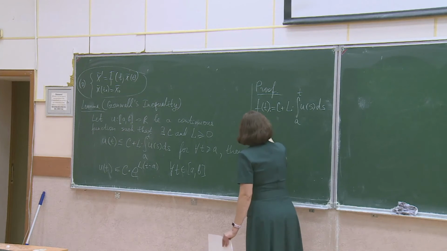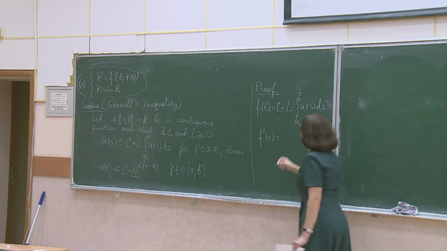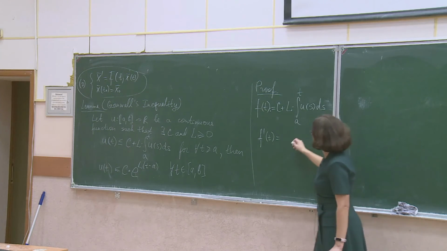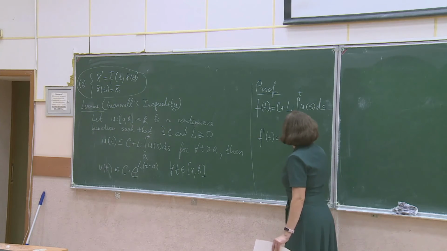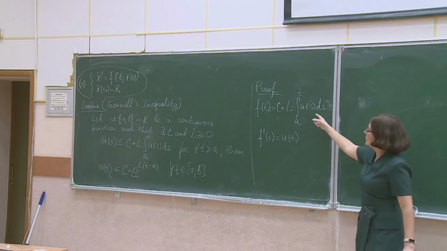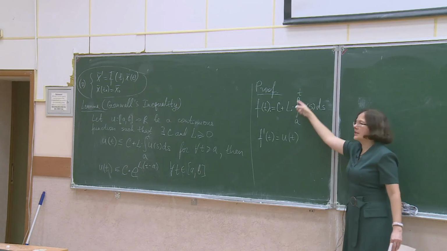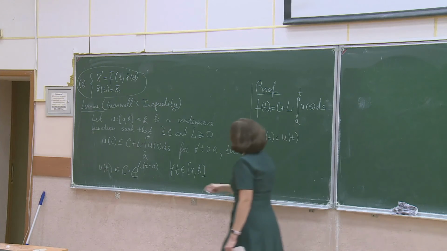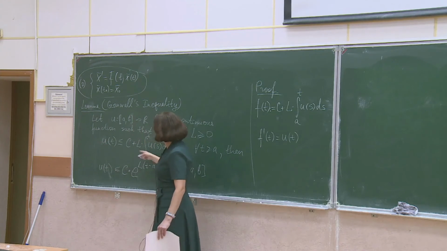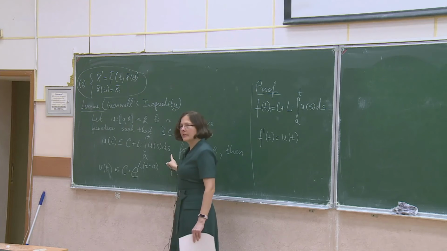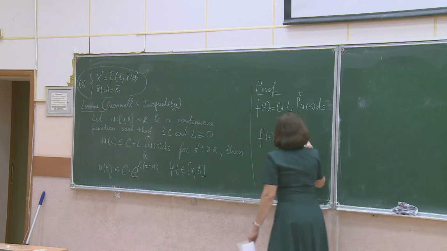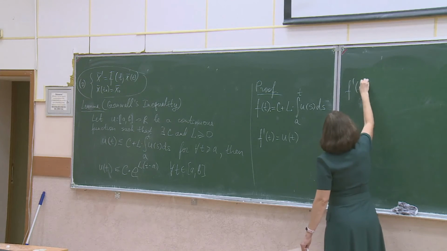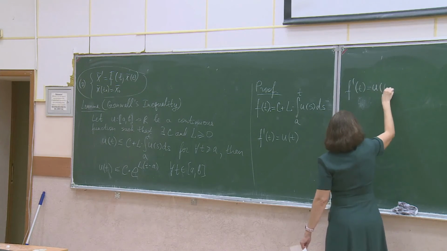Let's find the derivative of this function. If we differentiate with respect to the upper limit, we get f prime of t equals u of t.